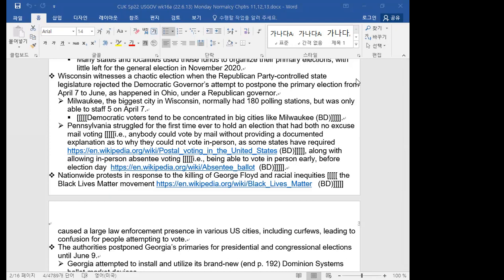He has been chosen to be the Republican candidate for governor in Pennsylvania, one of the swing states, right, that gave the election to Biden, that gave the election to Trump in 2016. He's the Republican candidate for governor. He was chosen. He is all about stop the steal. He claims that the election was stolen from Trump. He was involved in the January 6th insurrection. He helped organize the protest that went down there. And he won the Republican nomination to be the candidate for governor in November.